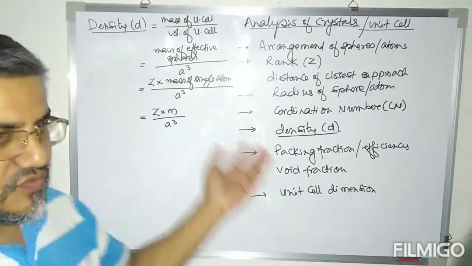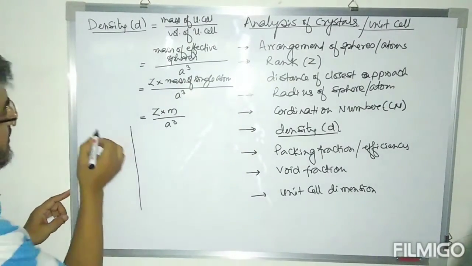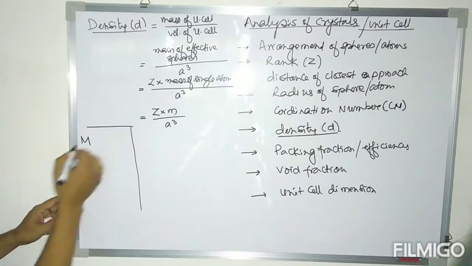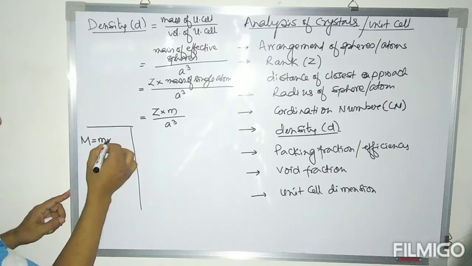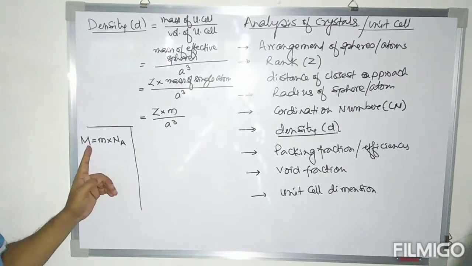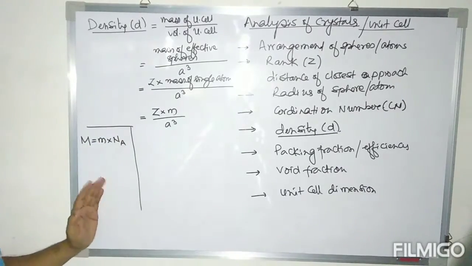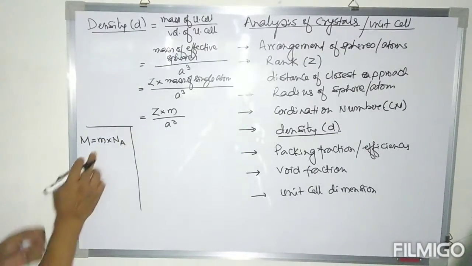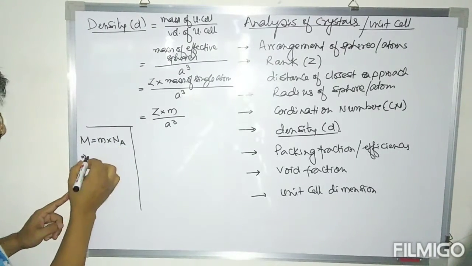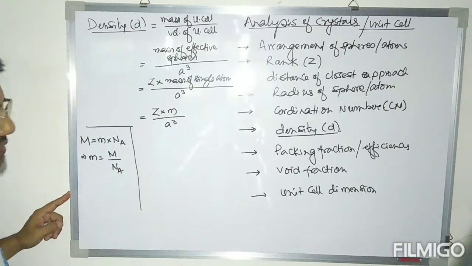Now rather than defining in terms of the mass of a single atom, we define it in terms of gram molecular mass. We define this gram molecular mass as the mass of a single atom multiplied by Avogadro number. So the molecular mass, or gram molecular mass, is the mass of 1 gram molecule, that is Avogadro number of atoms. Therefore the mass of a single atom is molecular mass divided by Avogadro number.